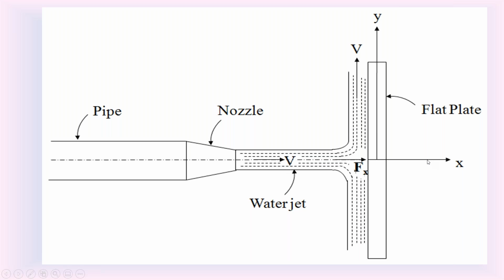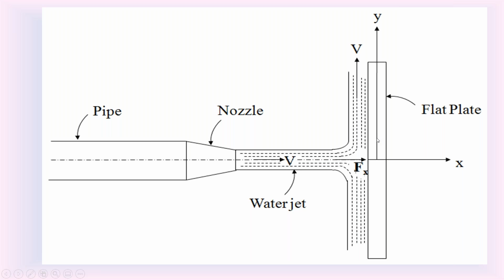In today's class I explained that when the final velocity v is inclined, making an angle theta with the horizontal, the component of final velocity v in the horizontal direction is v cos theta.